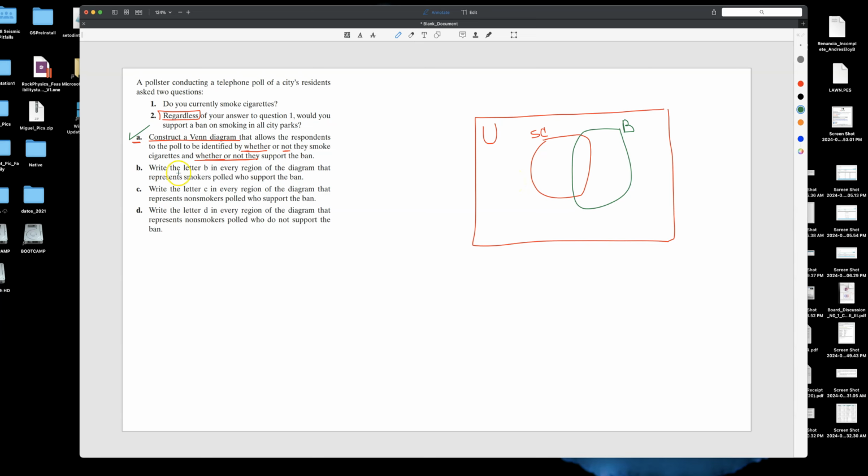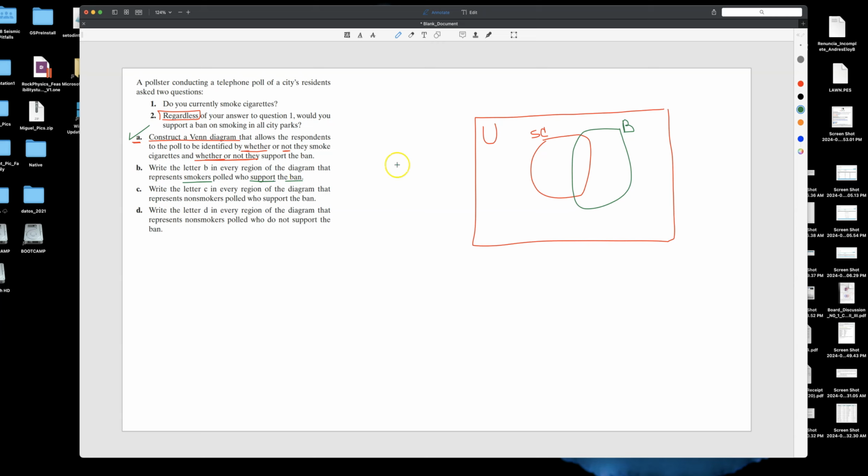The letter B is going to be written in the region of the diagram that represents people who are smokers but also support the ban.